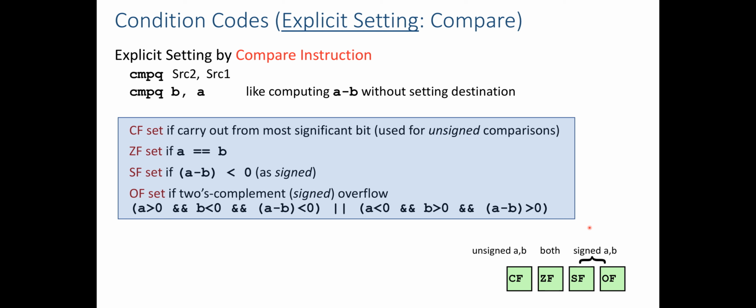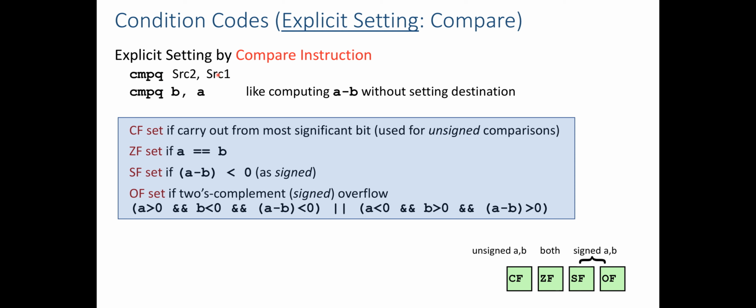So here is explicit setting using compare. Here's the compare instruction, CMP, and then here's our Q for traditionally 8-byte long source and destination.